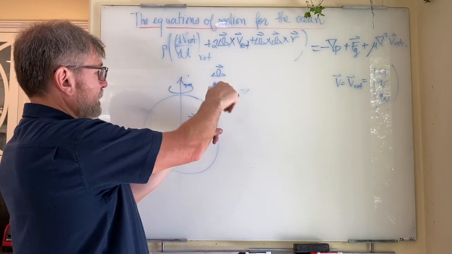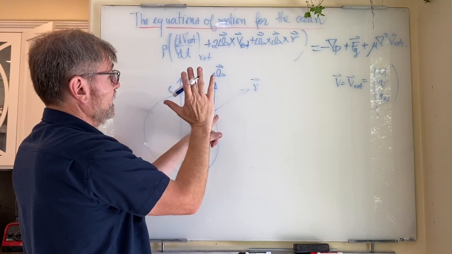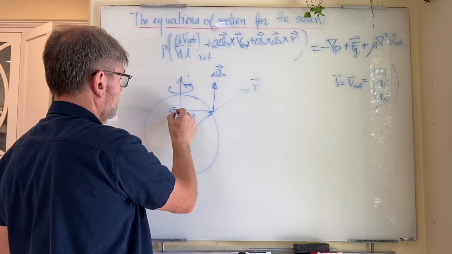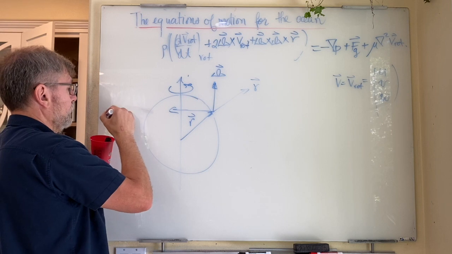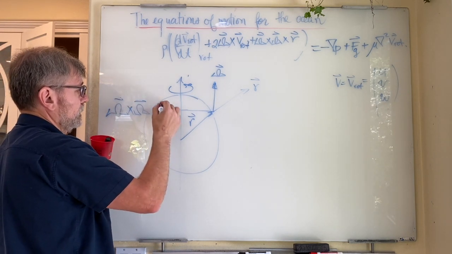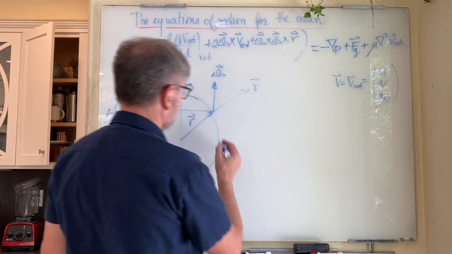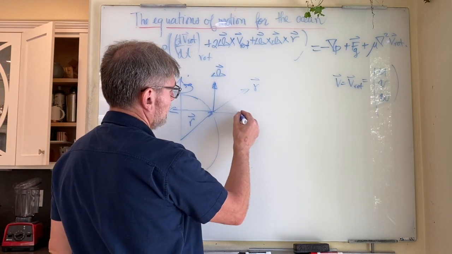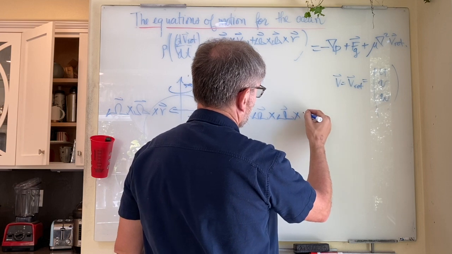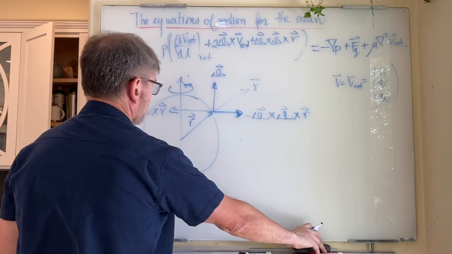Omega cross r points into the board, and then omega cross that result is going to be in this direction. So this direction here is omega cross omega cross r. And if I bring it to the other side of the equal sign, then I'll have in this direction minus omega cross omega cross r.